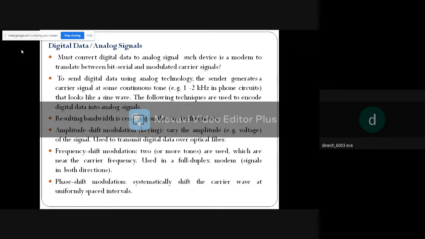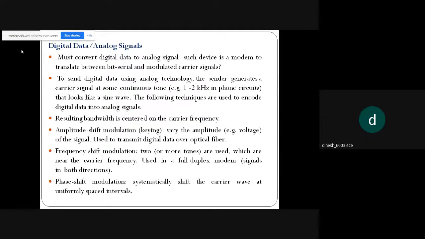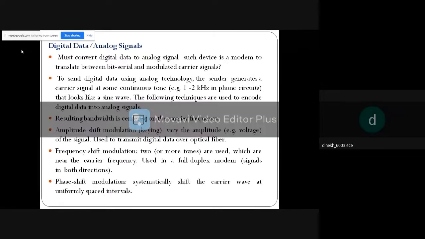The resulting bandwidth is centered at the carrier frequency. Amplitude shift keying is used for varying the amplitude of a signal. It is used to transmit digital data over an optical fiber.